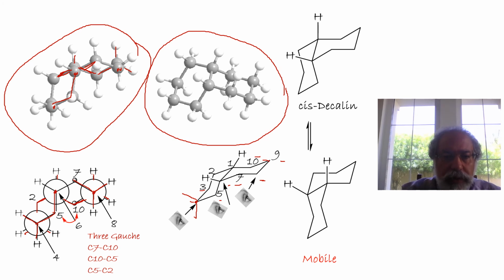And we have 10 and 5, and we have 5 and 2. These are torsional strain for 3 gauche: 7 and 10, 10 and 5, 5 and 2. Okay?